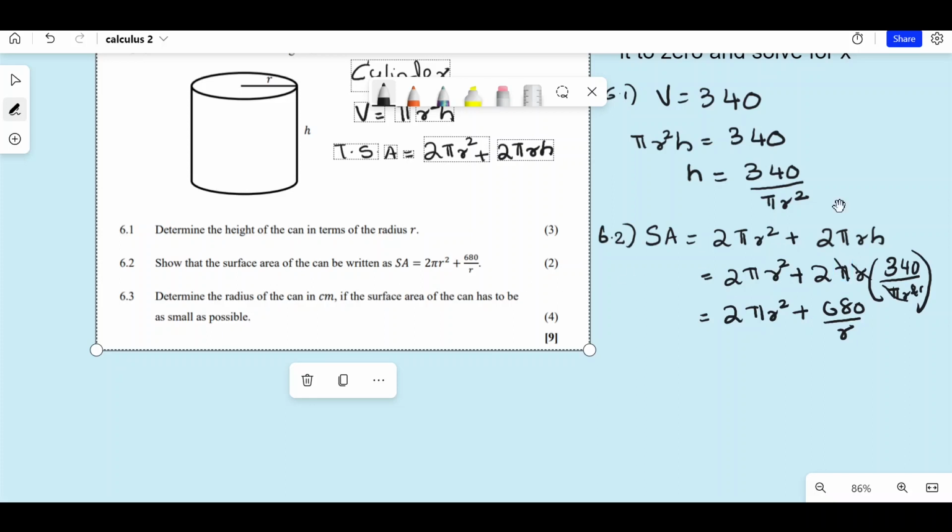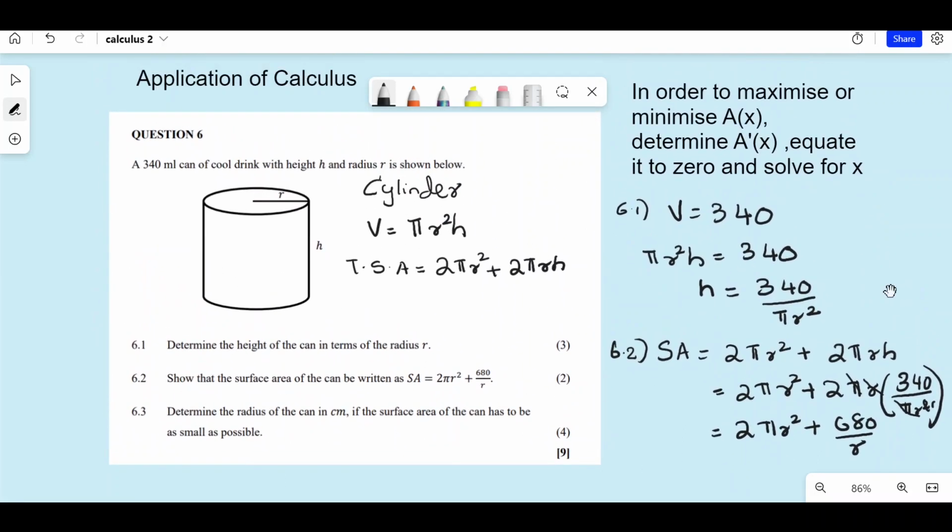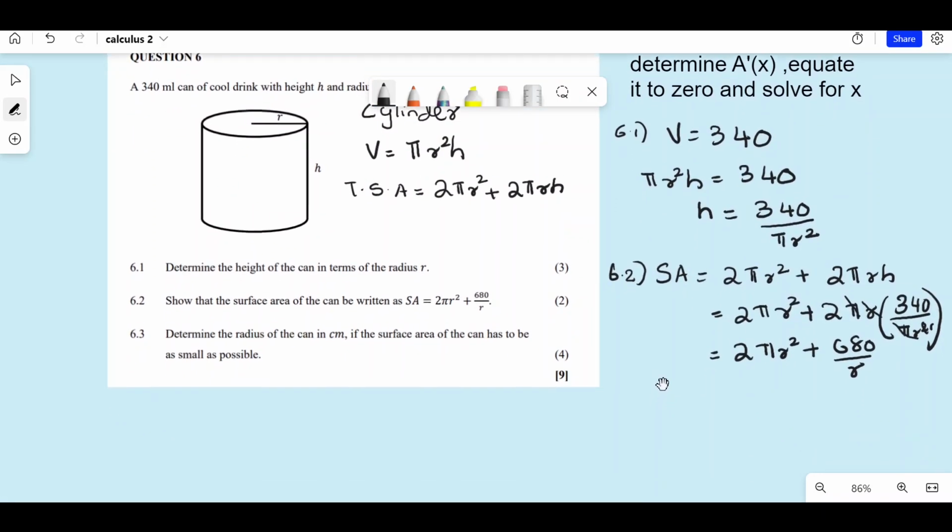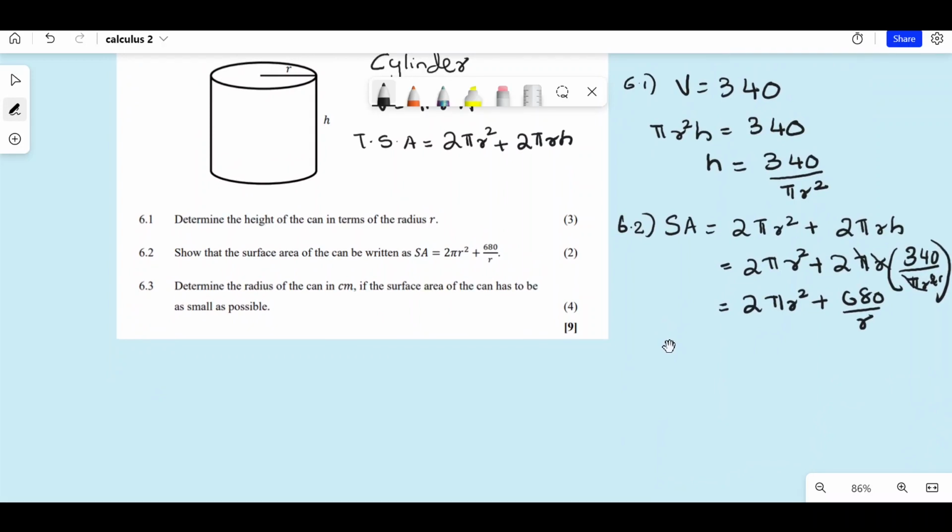So when I was writing these notes, that in order to maximize or minimize, here all the application questions are either maximizing or minimizing, but the word maximize or minimize may not be there. For example, in this question, the area has to be as small as possible, so it's actually a minimum. So you need to understand those words that they can use in the examination.